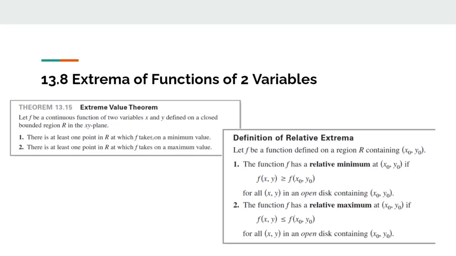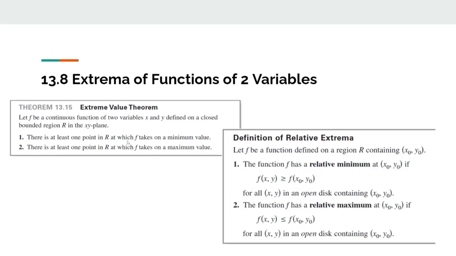In this class, you can prove this with some other tools. I don't think that we can prove that with calculus, but I've seen it in other contexts. So long as f is continuous, and the region is closed and bounded, then we have a max and a min.